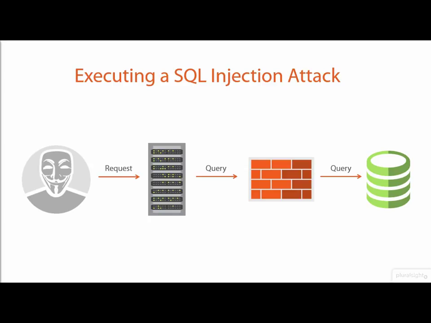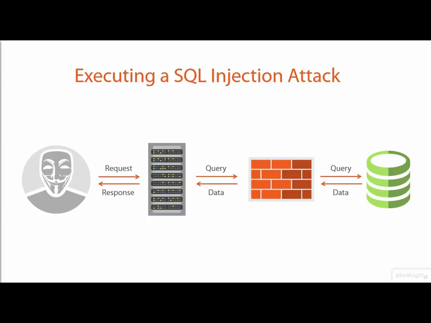The query executes in the database and the database returns some data. Back out through the firewall, back to the website, and eventually back to the user. This request and response lifecycle is very, very typical, and it's exactly what happens when someone's just browsing around on the website.